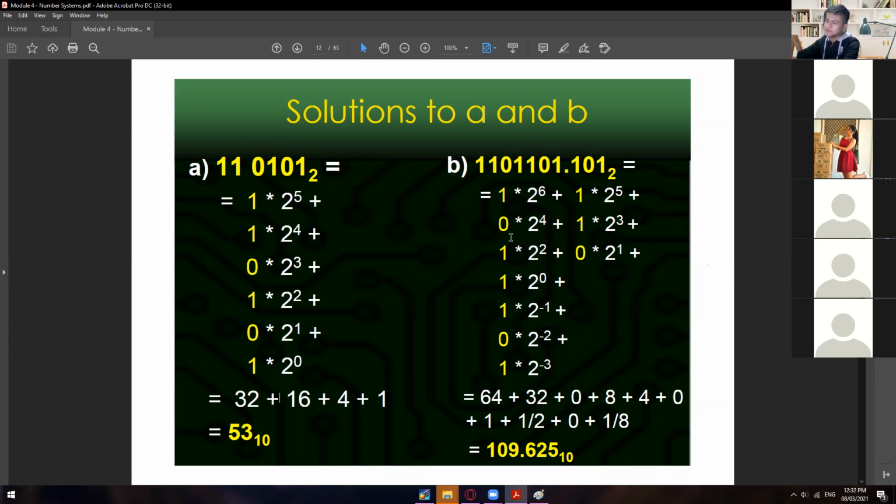So yeah, I know that this one is quite long, especially if you're going to do this one with your calculator. So my only concern is for you guys to be able to follow the process and how to convert a binary into decimal.